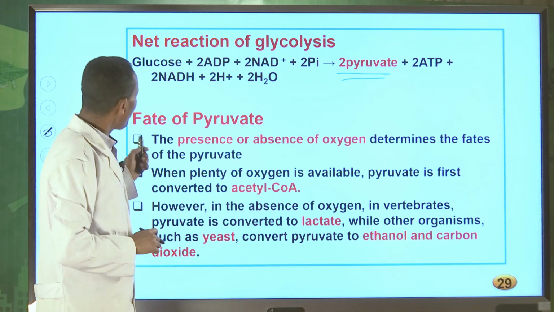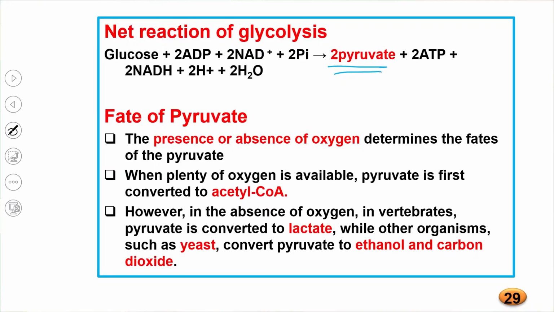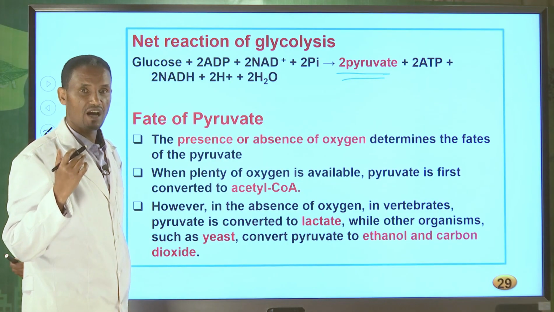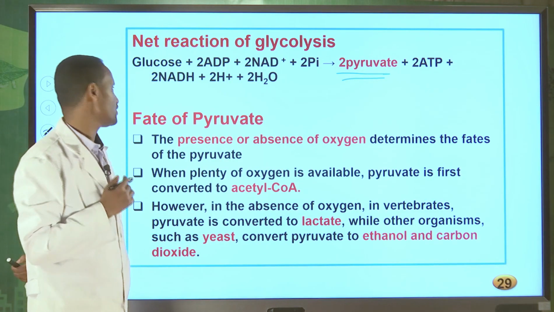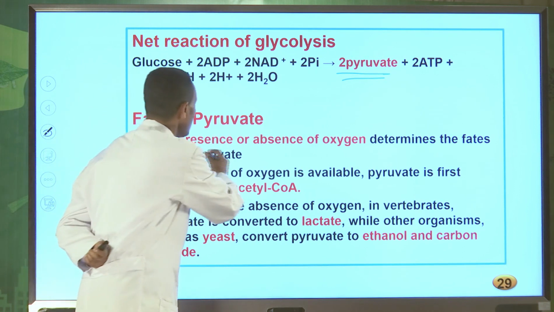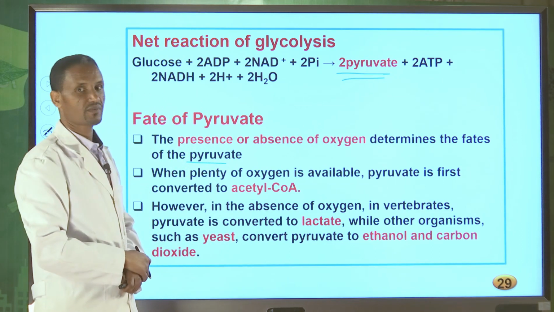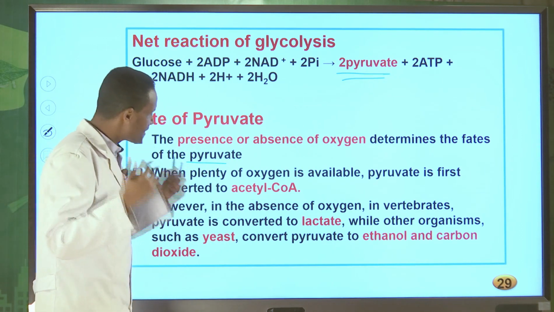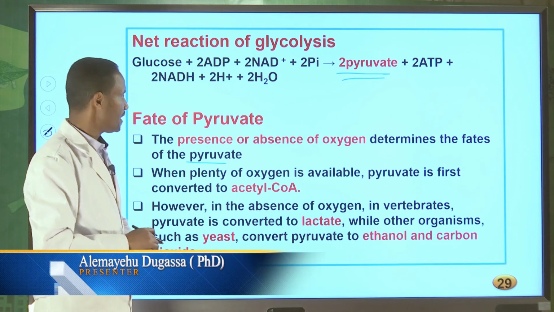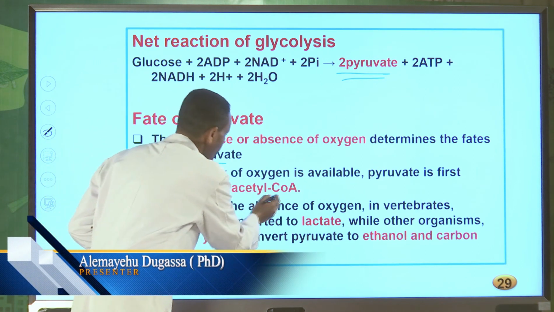The pyruvate produced in the first stage of cellular respiration, glycolysis, can undergo 3 processes. This depends upon the presence or absence of oxygen, which determines the fate of pyruvate. When there is plenty of oxygen, pyruvate is first converted into acetyl-CoA.